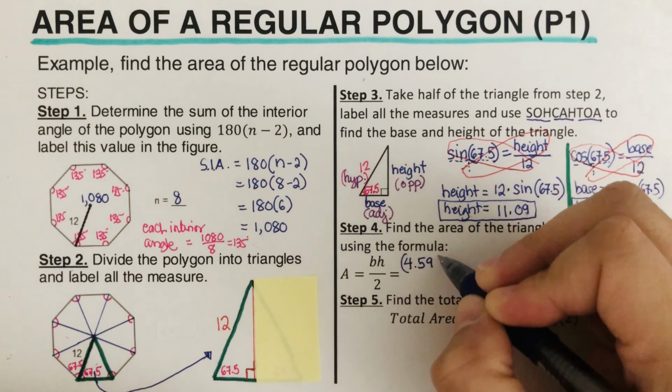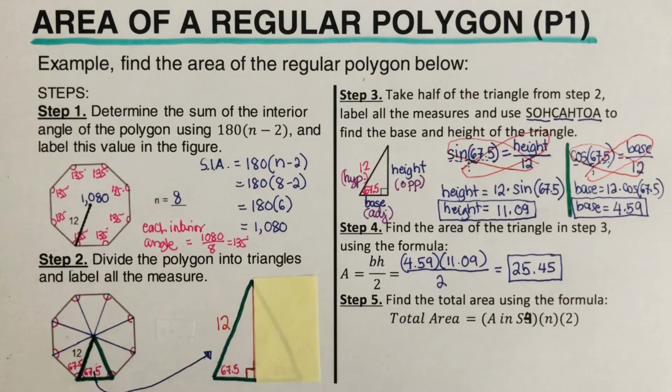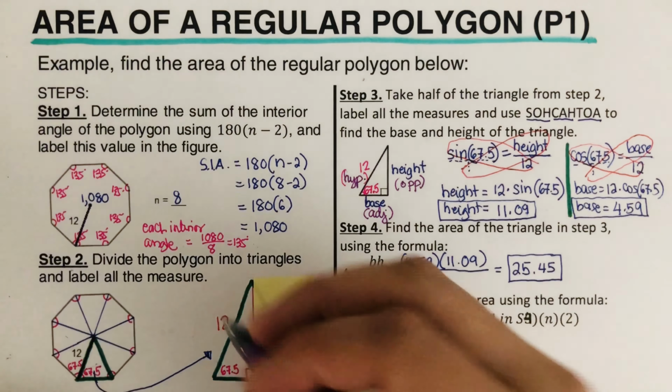If we multiply these two together and then divide by 2, the answer is 25.45, rounded off. So this is the area for this one piece of the triangle.